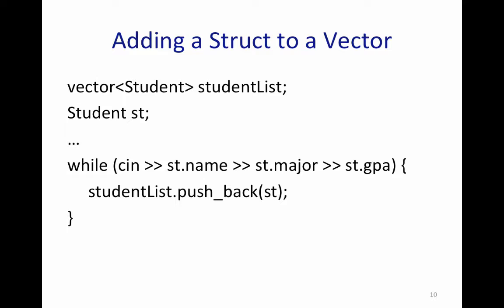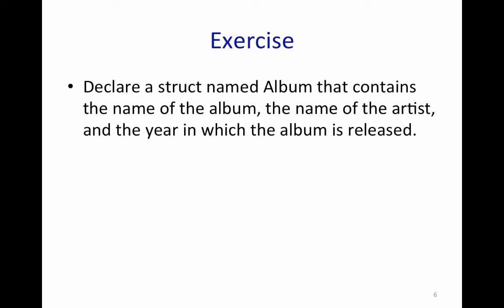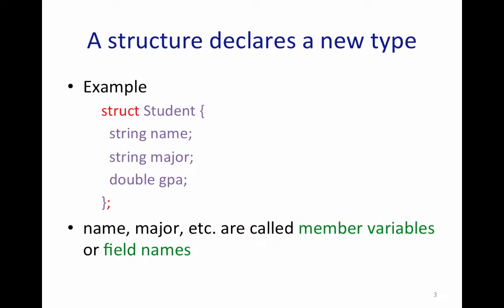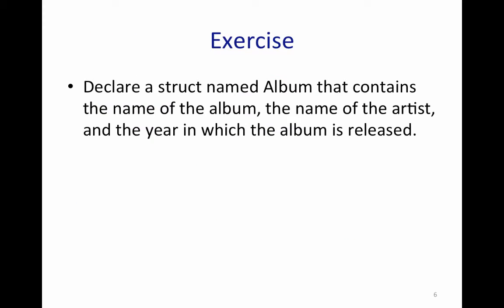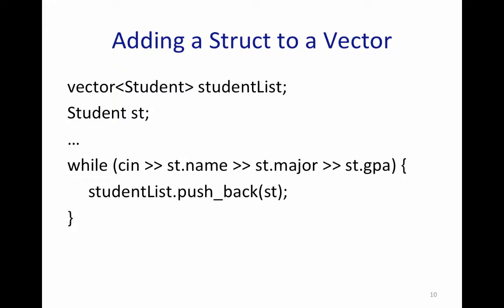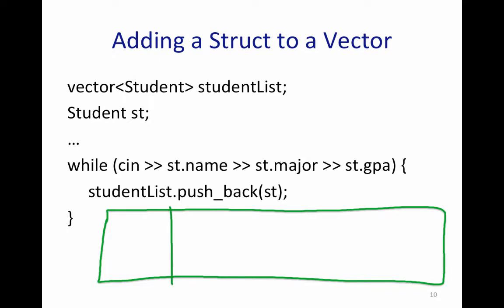If you remember a few slides ago, I said that for a student we want to use this struct declaration: a name, a major, and a GPA. So a vector of student objects looks something like this. It still has the index entries, but then each one is an object.